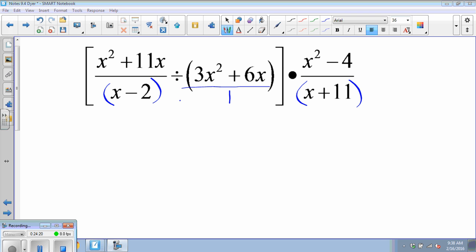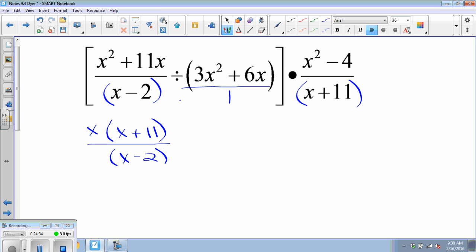So, up here we factor out our greatest common factor, which is x. That leaves me with x plus 11 over x minus 2, times 1 over, I'm going to factor out my greatest common factor, which is 3x, times x plus 2.